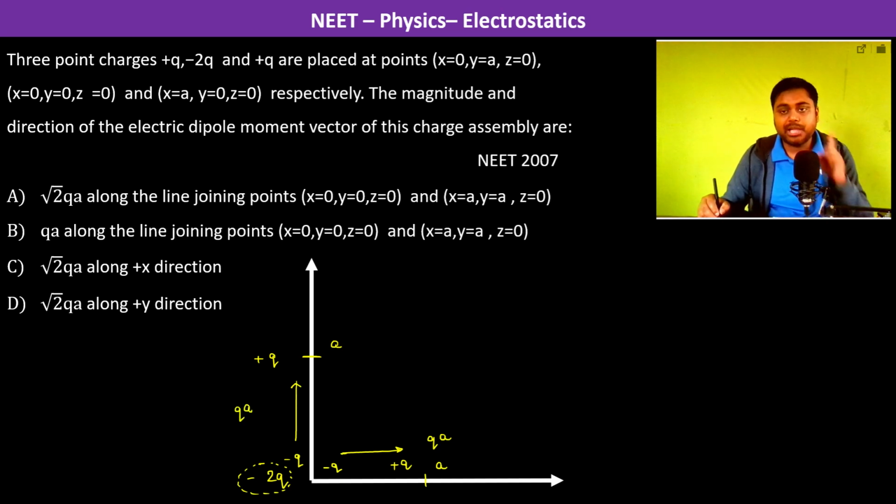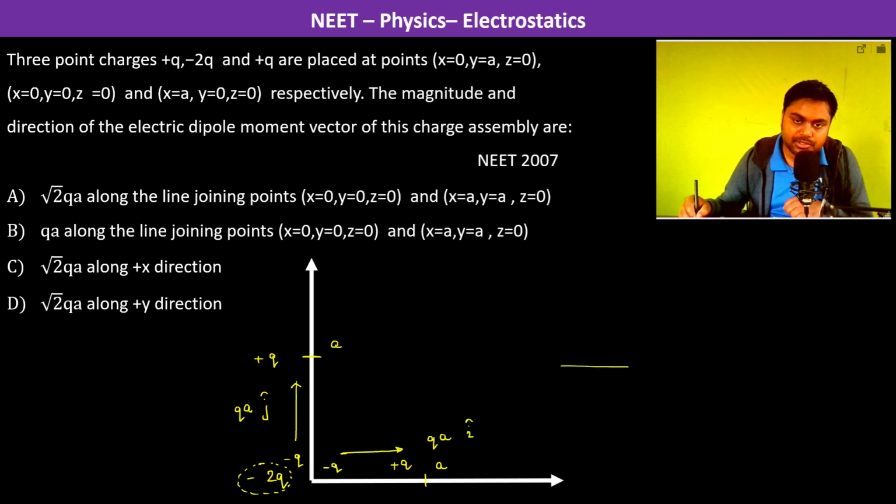But yes, dipole moment is a vector quantity, and therefore it is having magnitude and direction both. So we write this qa I cap, this qa is j cap. So now the net dipole moment will be, so this is qa I cap, and this is qa j cap.